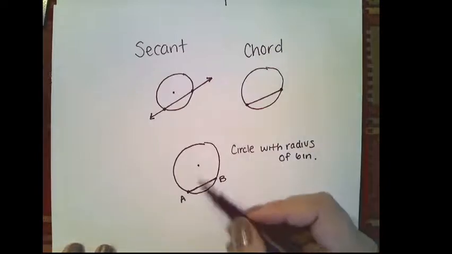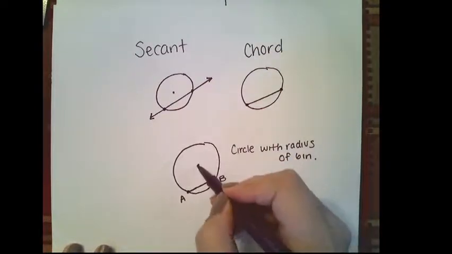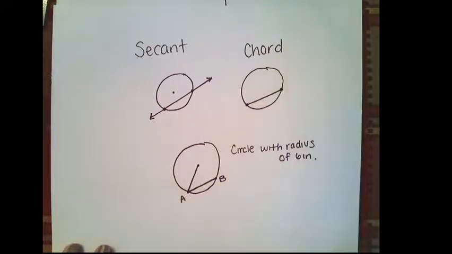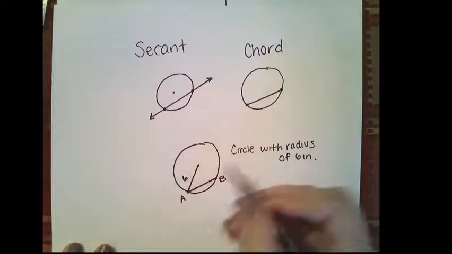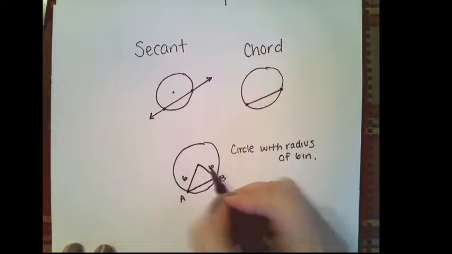So when we start, if we want to find the length of AB, we need to start by drawing in the radius. And we know that the radius is 6. And if we do that twice, we have a triangle.